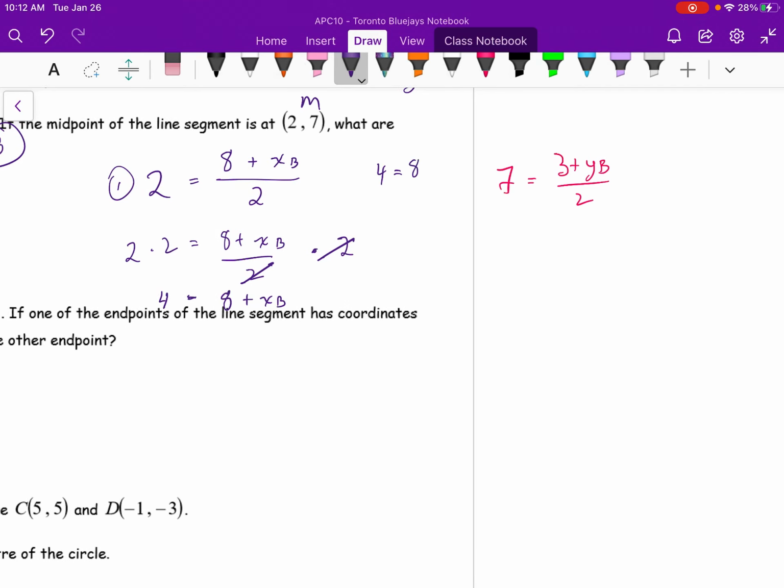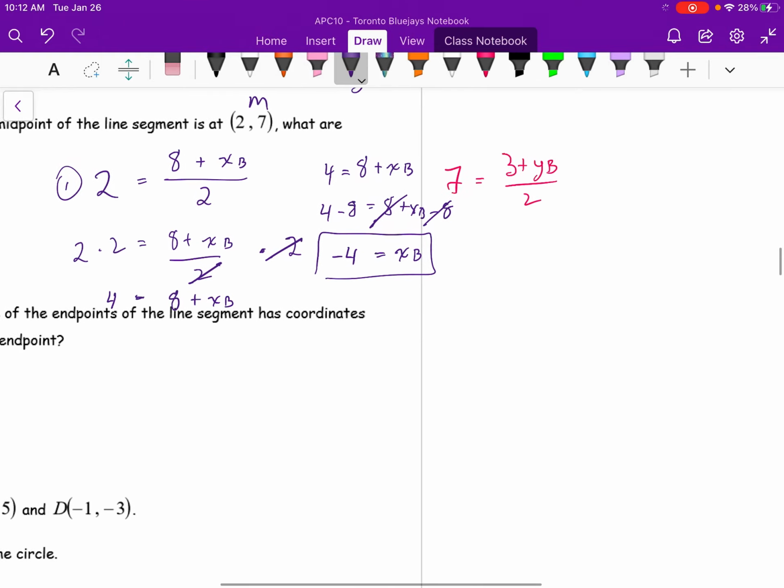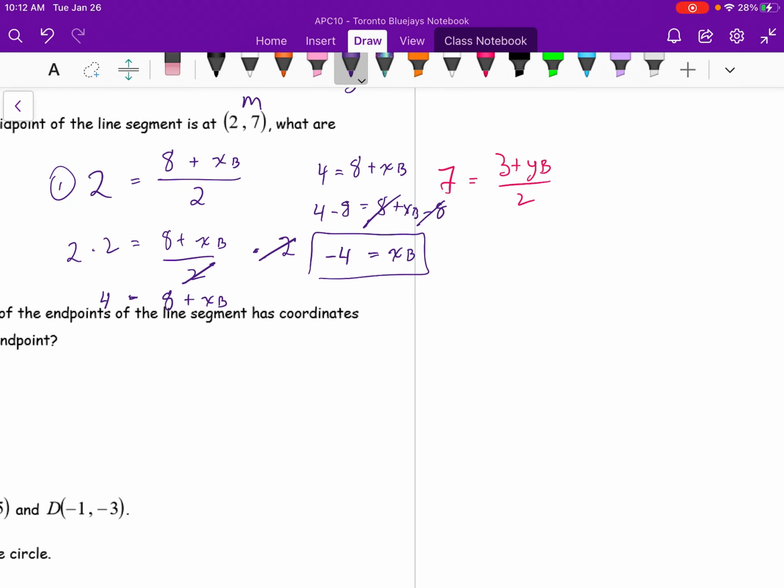The next step algebraically, I'm going to subtract 8 from both sides. On the right side, plus 8 minus 8 cancel out. On the left-hand side, 4 minus 8 is negative 4, and that leaves the xb coordinate. That's exactly what we found out. So now we know that the x-coordinate of my other endpoint is negative 4.